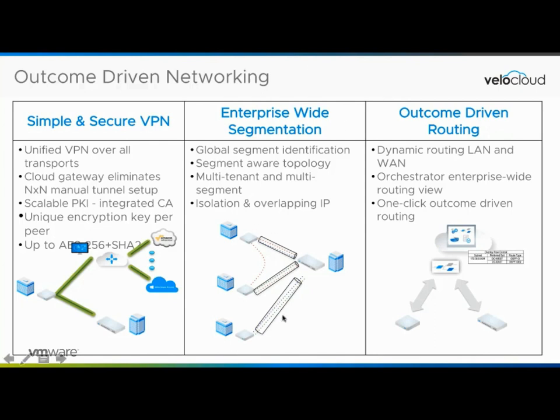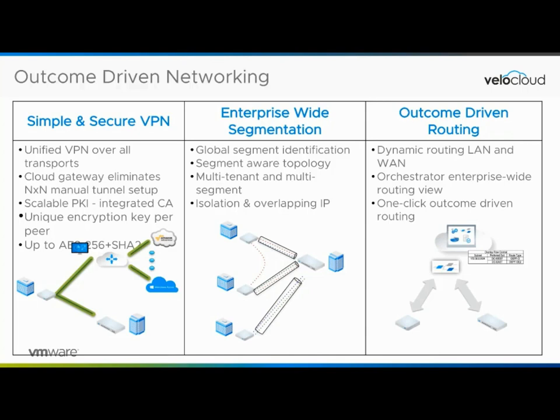Segmentation, where you define different segments. Let's say for a retail customer, you have a PCI segment and a guest Wi-Fi segment, where you allow social networking application on a guest segment, but at the same time on a PCI segment, you disable the social networking application. So based on the outcome or based on what results you want, you can define from simplicity.